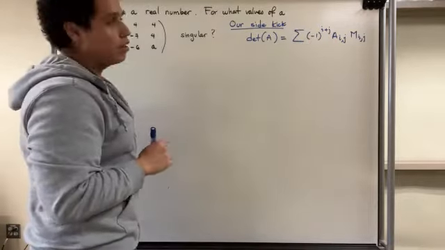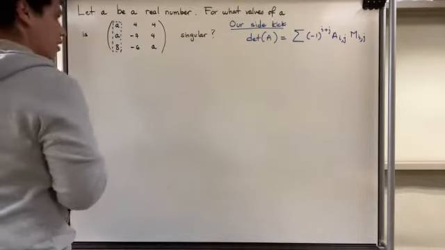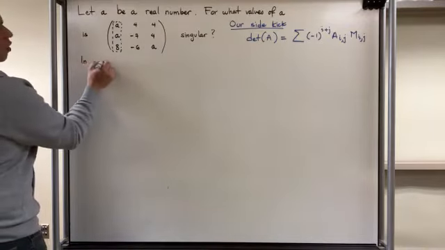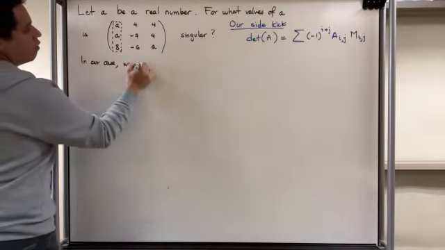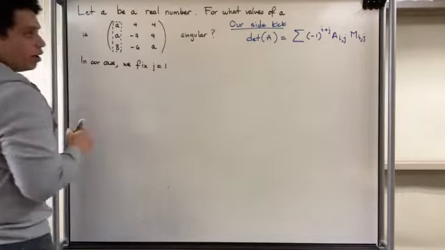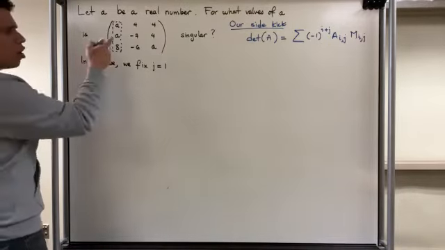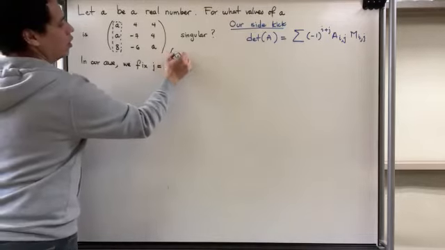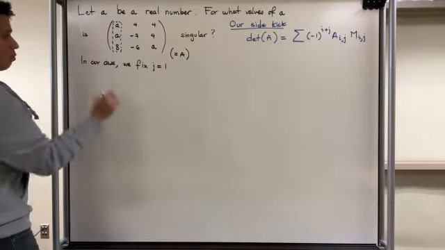J fixed, J equals 1. So in our case, we fix J to be 1. So now the determinant of the matrix that we have here, that I'm going to call A for a second, for simplicity, so that we can continue with the computations.